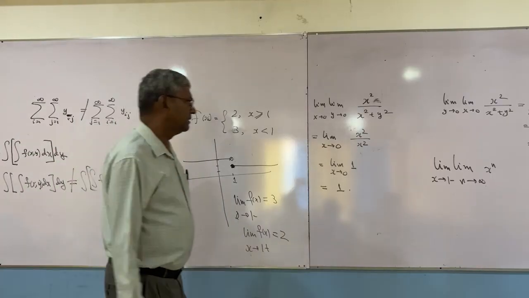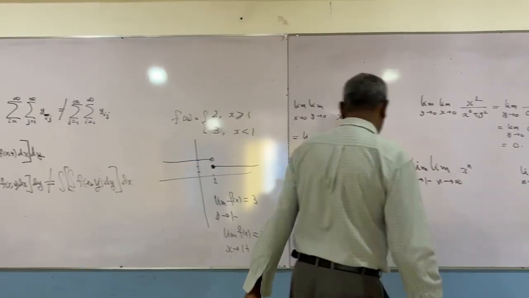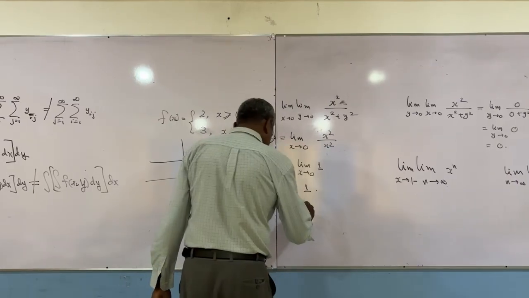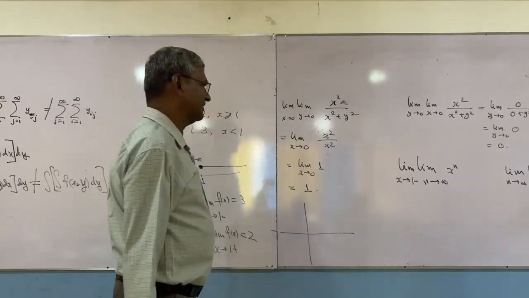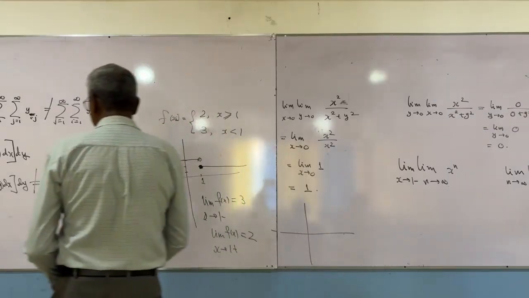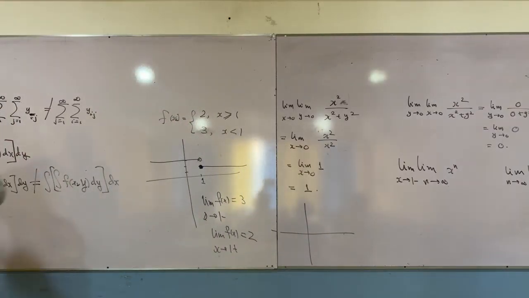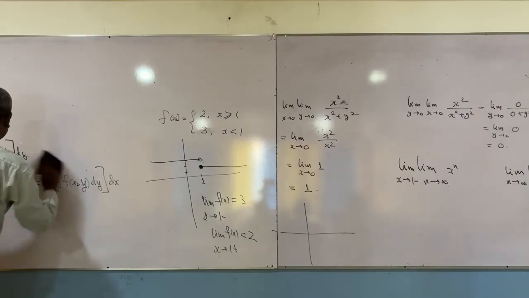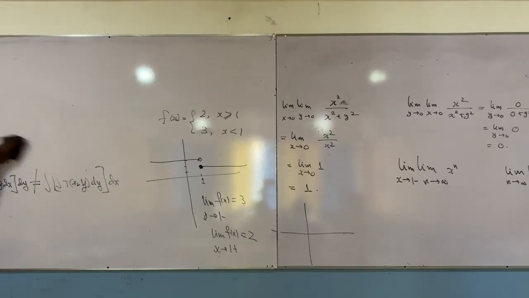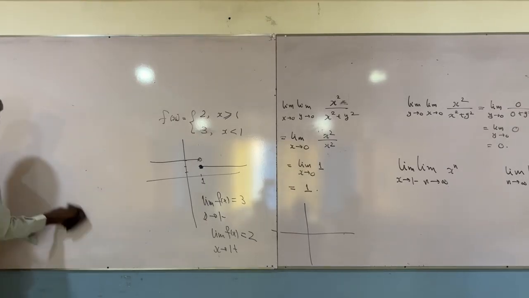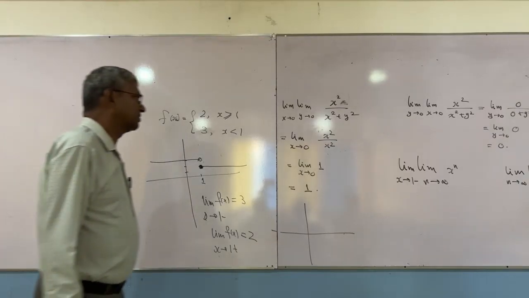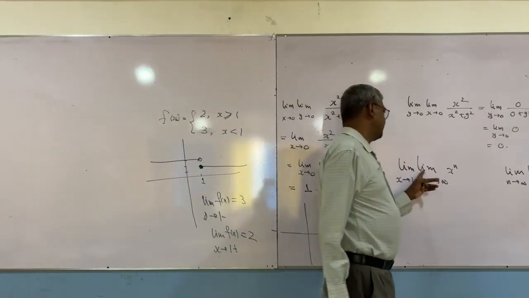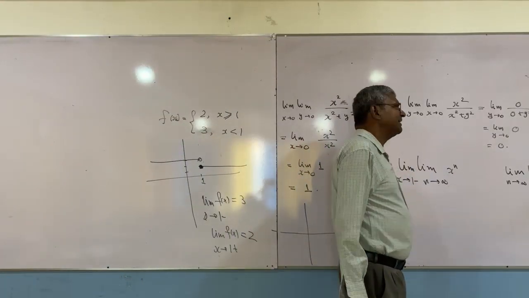So here we need the graph of x to the n. Let's draw the graph of x to the n here. x tends to 1 minus. Here, the limit of x to the n as n tends to infinity.